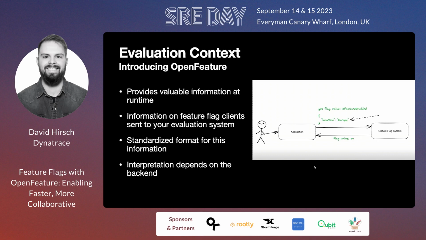So this is a way of really setting up the questions that your flag needs to have answers to in order to give the correct value. And I think it's important to remember that our specification gives you a standard for how the data is transmitted and what data is transmitted, but the interpretation will always happen on the back end.